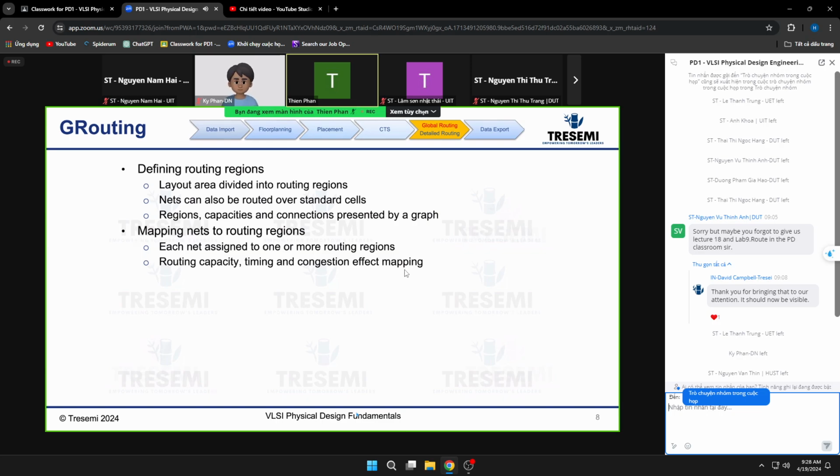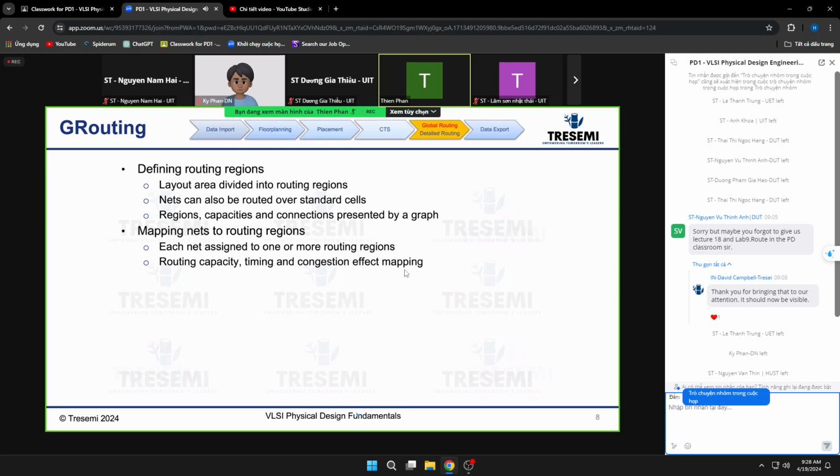So you look at the layout. This has the routing area, and then all the given nets are going to be assigned to those routing regions, right?